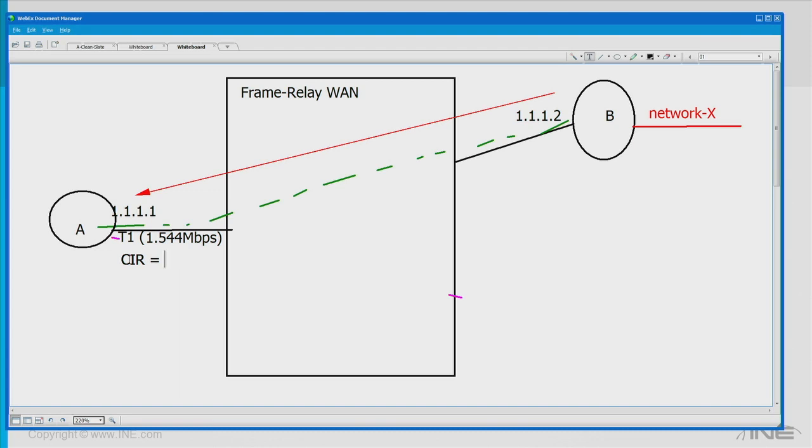Why? Because the higher your committed information rate is, the more they can bill you every single month. But you might not need that. You might say, well, in this particular case, even though I've got 1.544 megabits per second available to me, I don't need that at all times, and I don't want to pay for that at all times. So I'd only like to have 256 kilobits per second as a committed information rate.